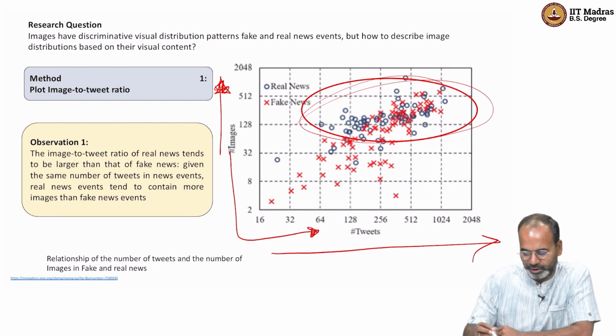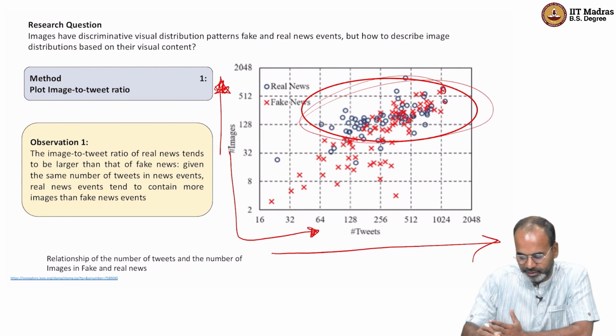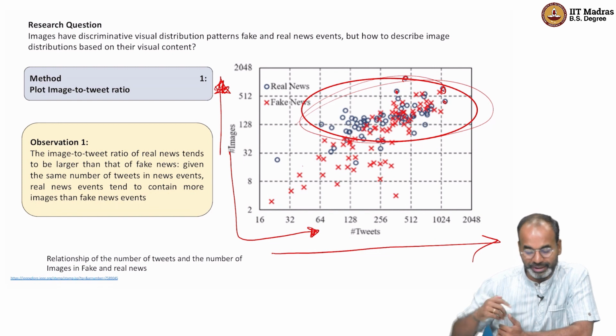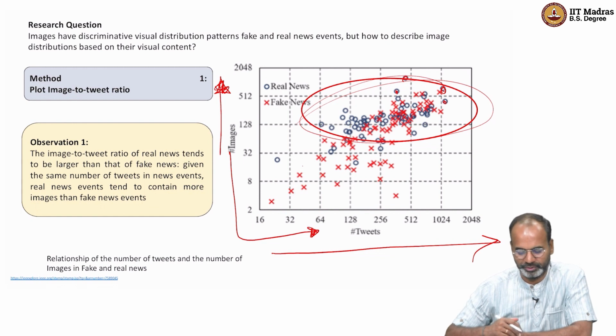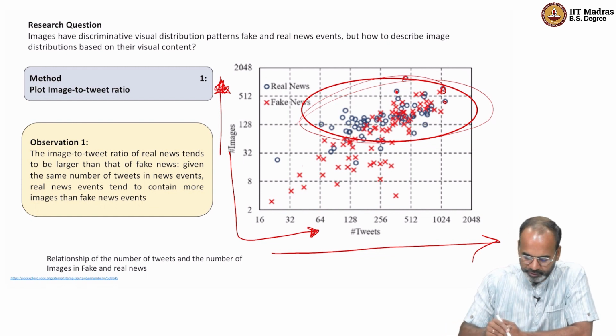For real, there are a lot more black circles in this part. Ratios are much higher. The image to tweet ratio of real news tends to be larger than fake news. Given the small number of tweets in news events, real news events tend to contain more images than fake news.